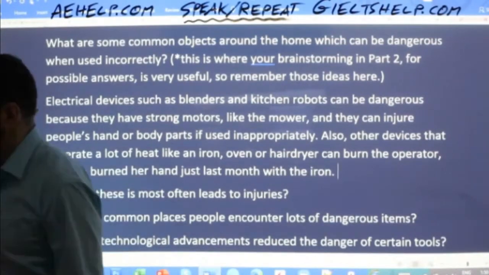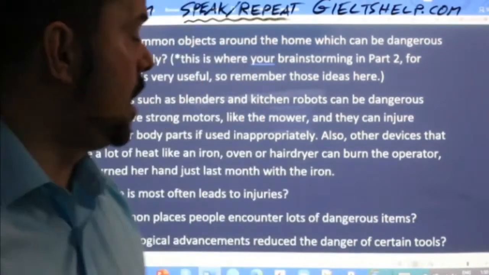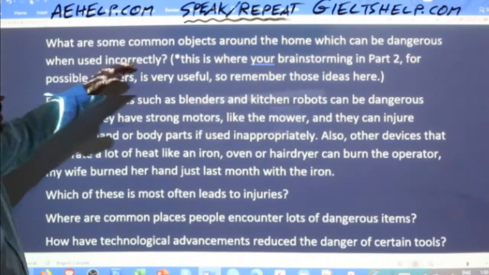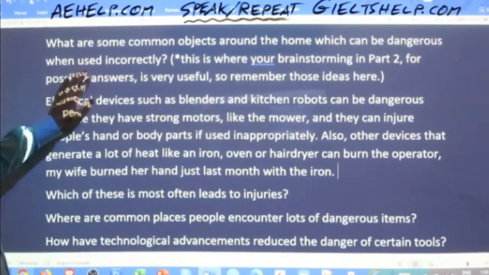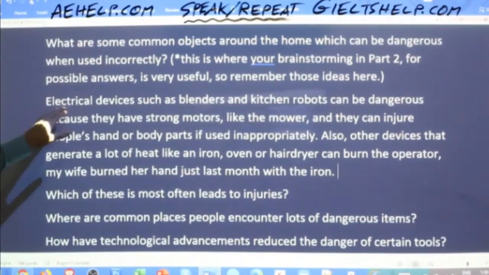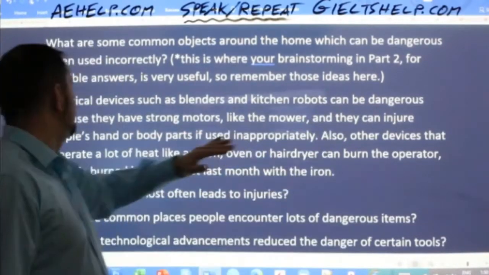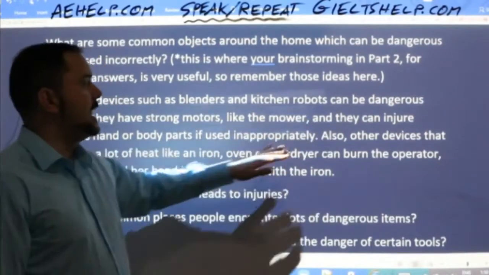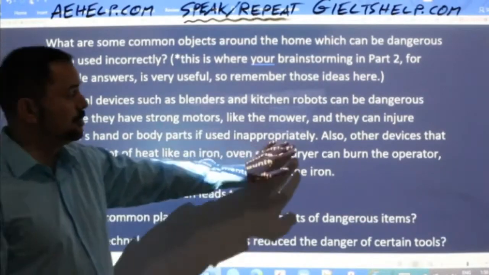Okay, so there we go. And here I'm using what I remember from my planning in part 2. So here we go. Repeat after me. What are some common objects around the home which can be dangerous when used incorrectly? Electrical devices such as blenders and kitchen robots can be dangerous because they have strong motors like the mower, and they can injure people's hands and body parts if used inappropriately.